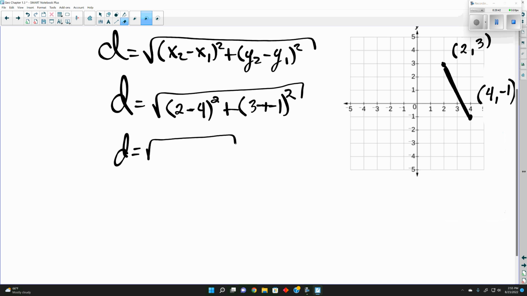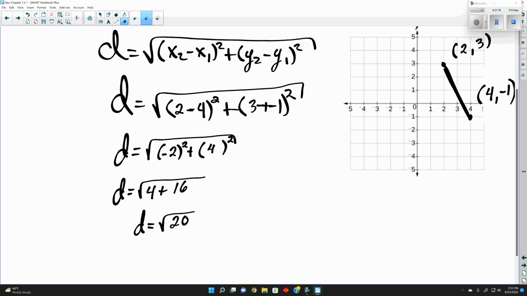Well, 2 minus 4 is negative 2. 3 plus 1 is 4. Negative 2 squared. Negative 2 times negative 2 is 4. Negative times a negative is a positive, and 2 times 2 is 4. 4 squared. 4 times 4 is 16. 4 plus 16.